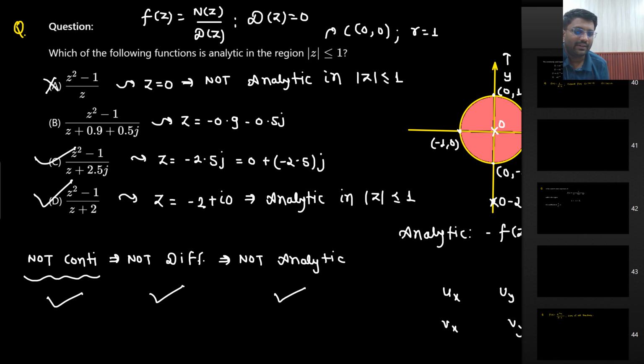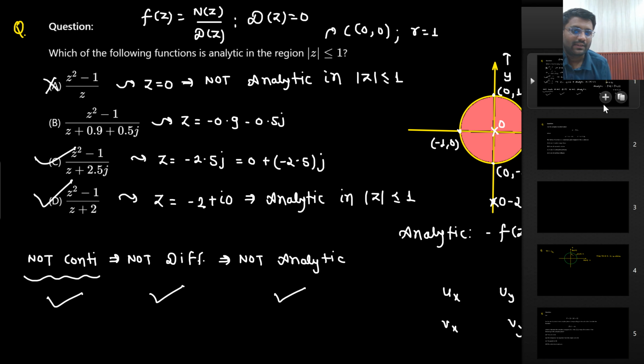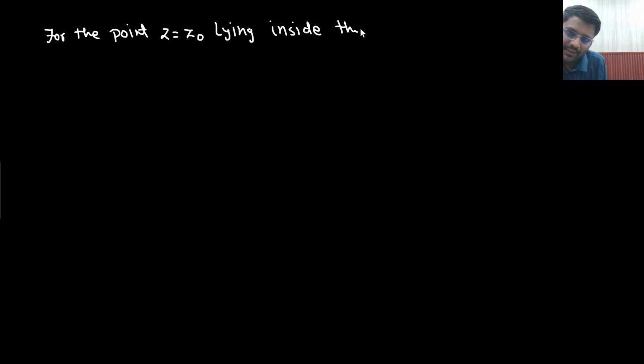For the point z equals z naught lying inside the circle, what will happen? Mod of z naught would be less than 1 inside the circle.